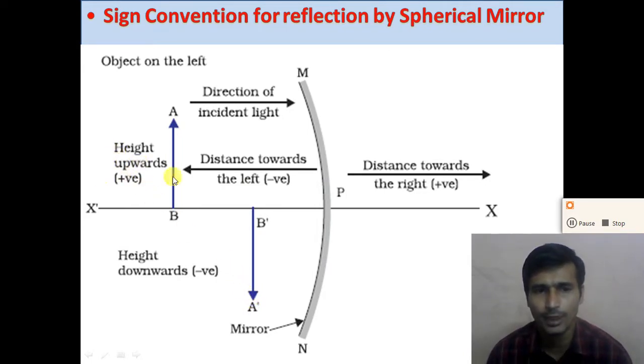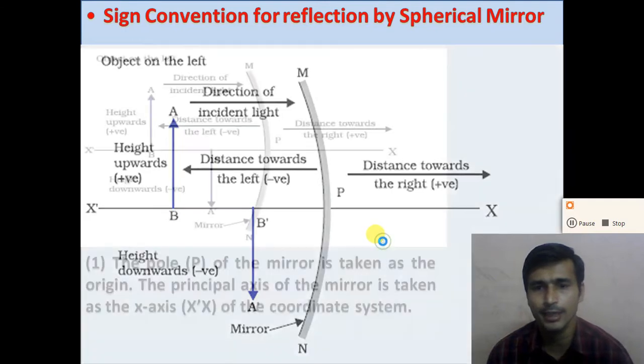So upward heights from the principal axis are positive, and downward heights are negative. So understand all the sign conventions, all 4 points regarding the sign convention for the spherical mirror. This sign convention is applicable for both types of mirror, concave mirror as well as convex mirror. Let us revise each and every point in detail.